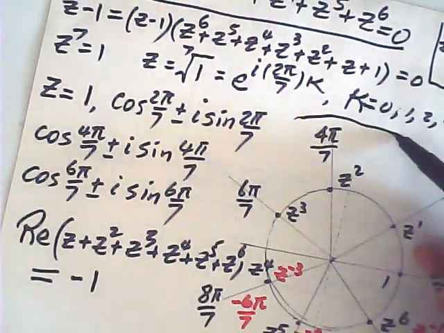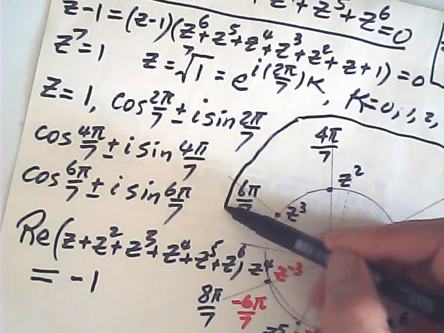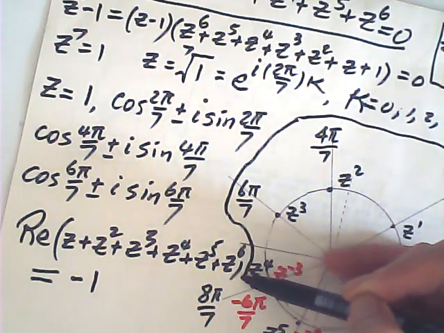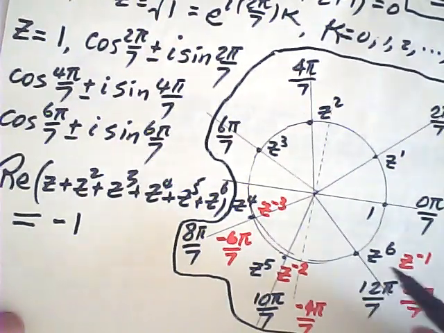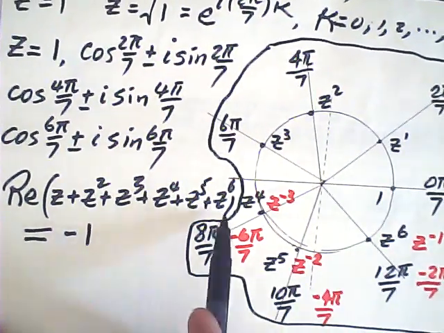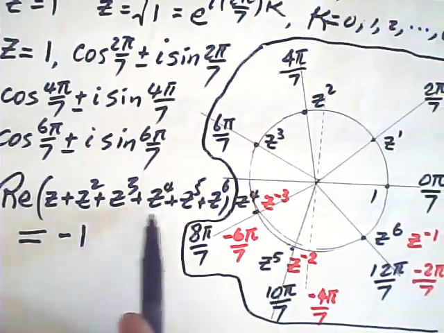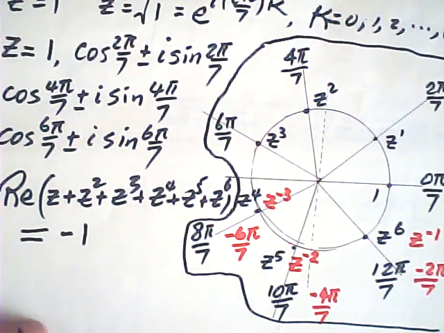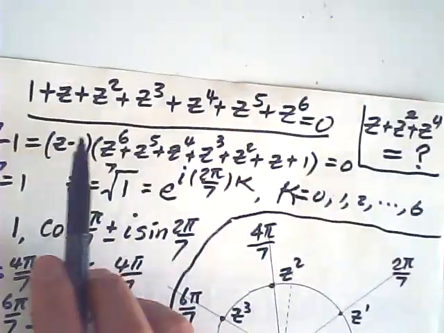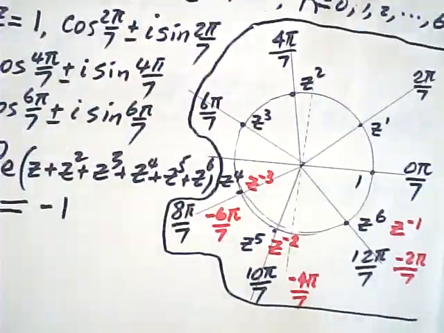Okay, let me separate the pictures. Okay, those are complex numbers, those are roots. The sum of the real parts is -1.